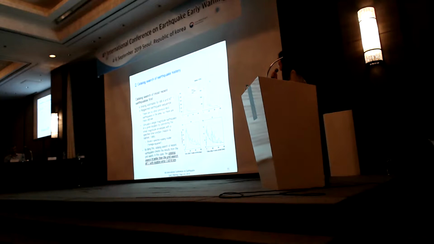So we can take the 6.4 that occurred before the main shock and scale it up to a 7.1, which is shown in yellow, and see how it does in comparison. And in this case, the catalog search did fit better than the grid search. What I mean by fit better is, quantitatively, a higher probability. So we take this estimate instead of the grid search's for our algorithm.